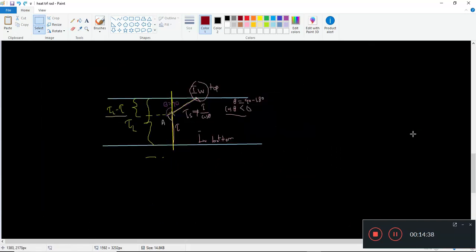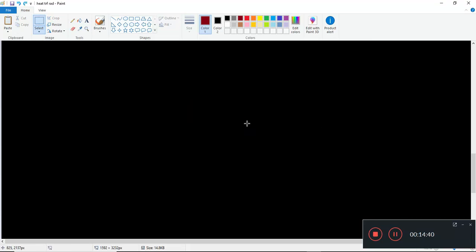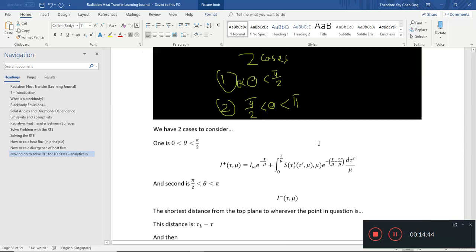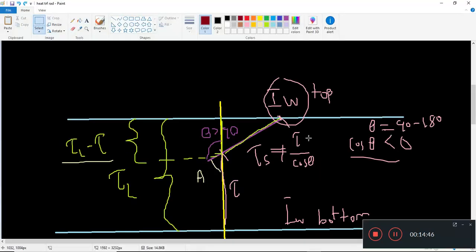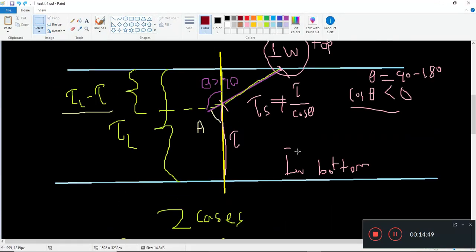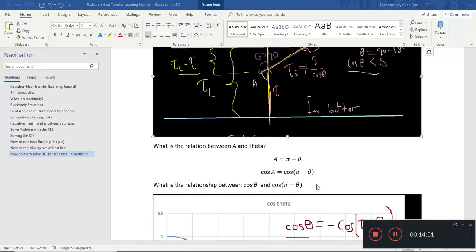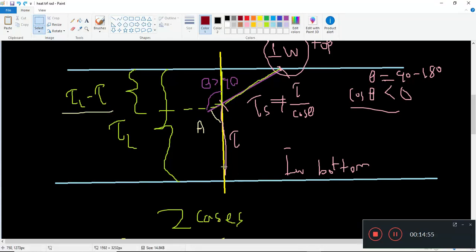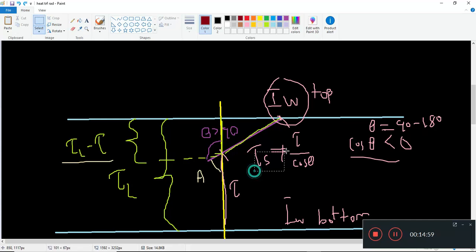Okay, wrong picture. I'll look for the other diagram. Oh, well, this is the correct diagram. I think I might have copied the wrong picture over, but it's the right picture. This I can just erase out.